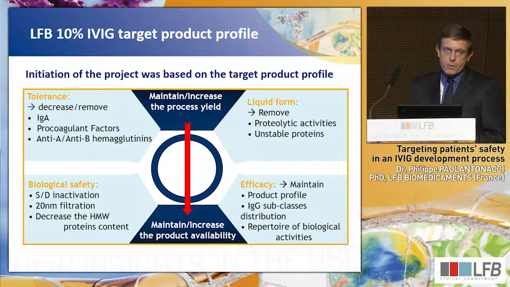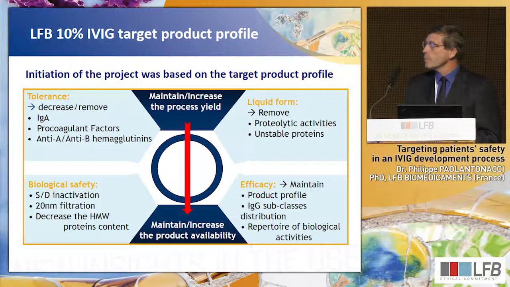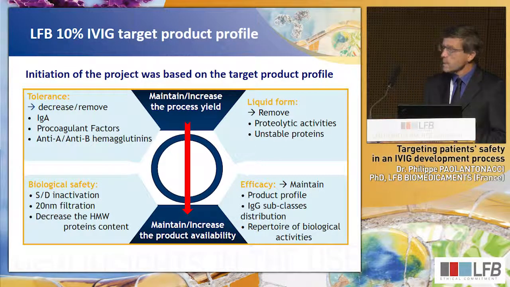For biological safety, we decided to introduce solvent and detergent treatment and 20 nanometer filtration, which leads to a decrease in high molecular weight proteins. And for efficacy, we have to maintain the product profile, mainly related to IgG subclasses, and also maintain the repertoire of biological activities. So this is quite current for IVIG.